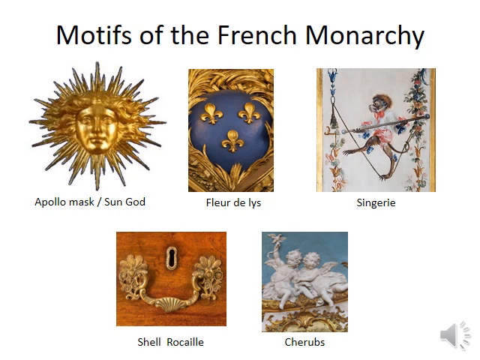Now, a motif that is associated mostly with Louis XV and later Louis XVI is what we see here, singerie. A singe, S-I-N-G-E, is the French word for monkey. We see this monkey motif, the singerie, repeated on wall panels and on servingware, and it had a twofold meaning.